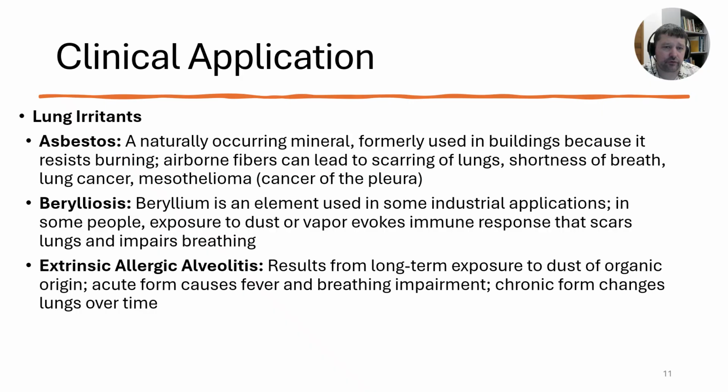Allergies, or allergic alveolitis. This can be related to lots of different things. Exposure to organic material. We see a lot of this in individuals associated with farming practices or processing food. So if you're processing lots of wheat or corn, and you're constantly shucking or removing kernels, or you're in a facility that does this by machine and there's a lot of dust of this organic material flying up in the air, it can cause chronic changes in the lungs over time.